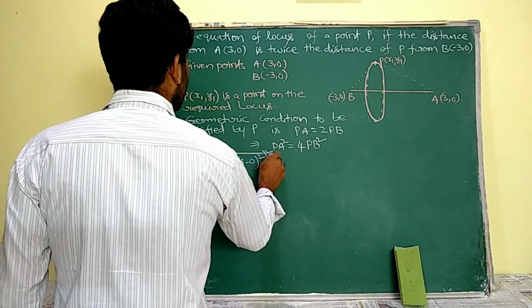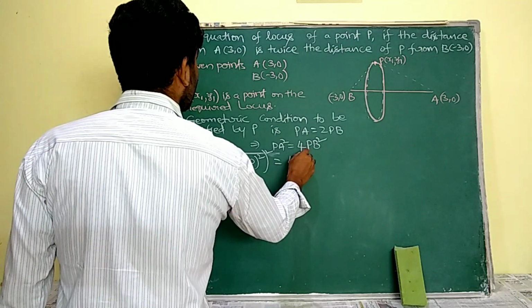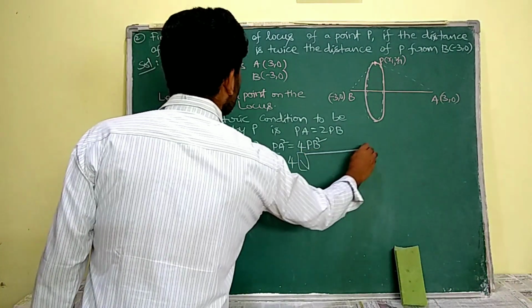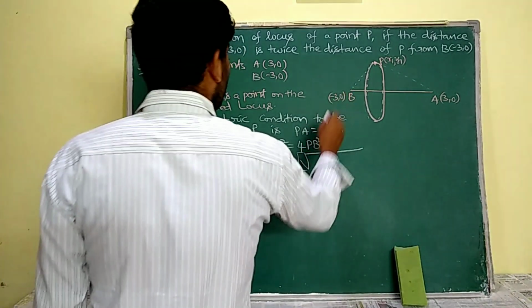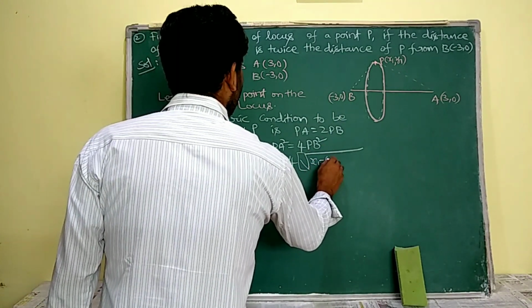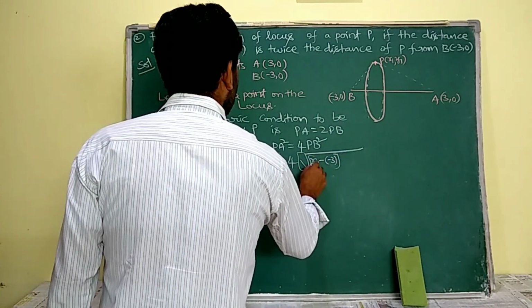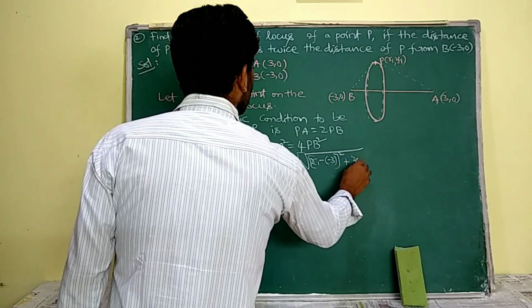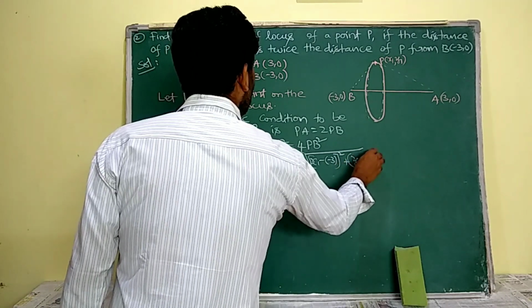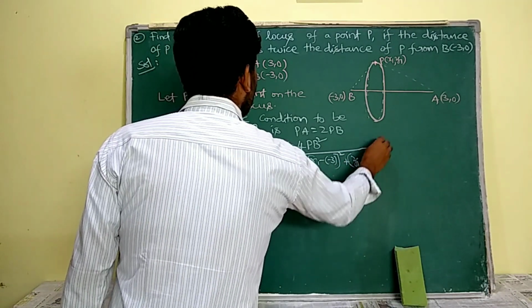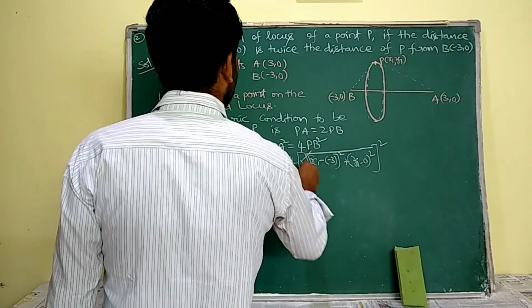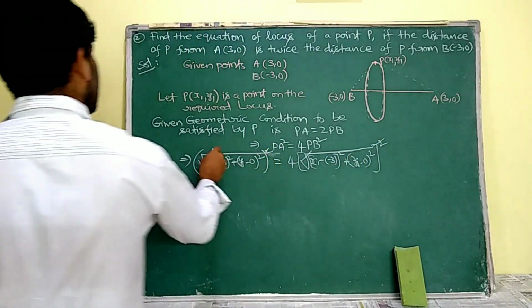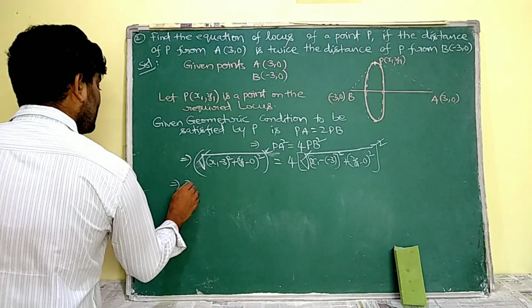This is squared. PA square is equal to 4 into PB square, and PB is x1 minus of minus 3 whole square plus y1 minus 0 whole square, squared. Here the square and root are going to be cancelled.